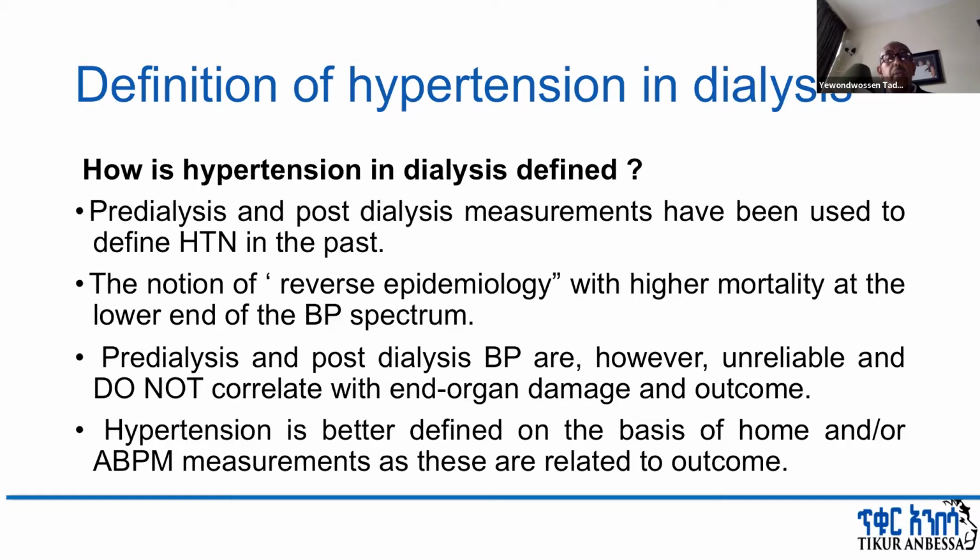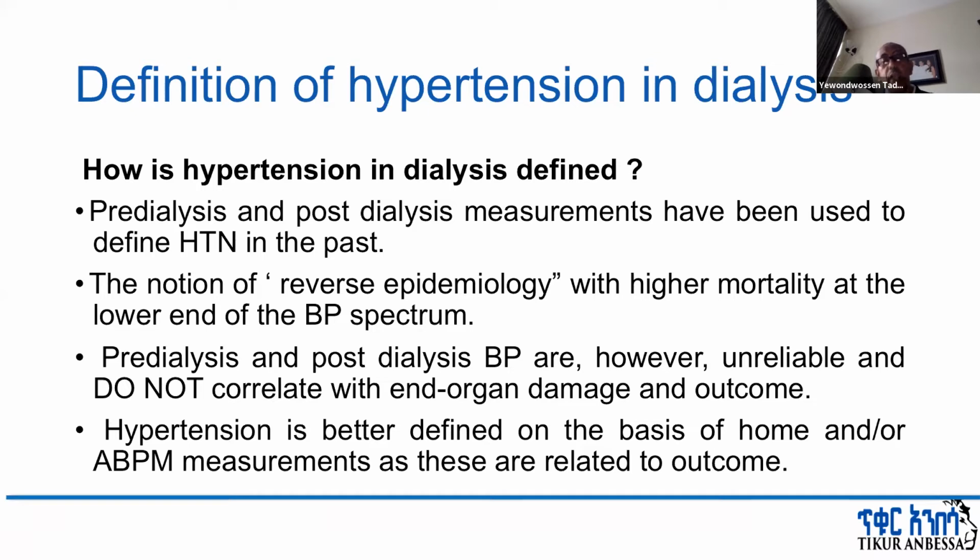So these blood pressures do not represent the true blood pressures. And studies have come to show that pre-dialysis and post-dialysis blood pressure do not correlate with end organ damage and outcome.